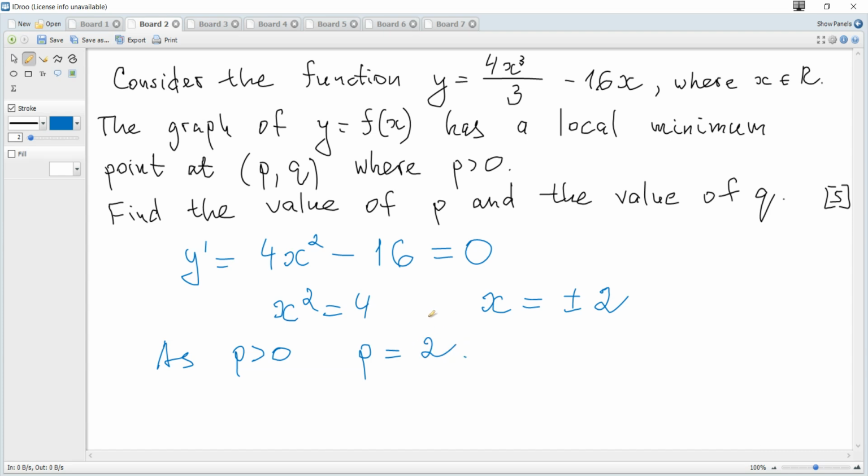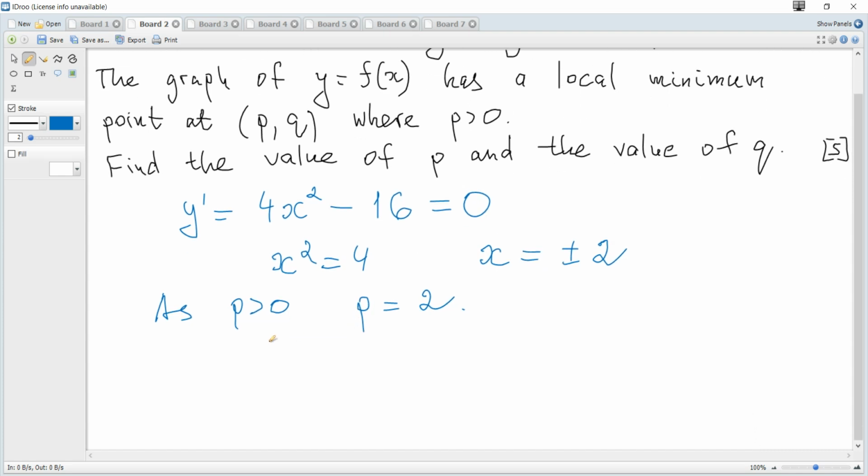And in general, to find out whether it's a local minimum or local maximum, we can find, for example, the second derivative, which becomes 8x. The second derivative at 2 is positive, and when the second derivative is positive, the curve is concave up at that point, and concave up implies minimum.